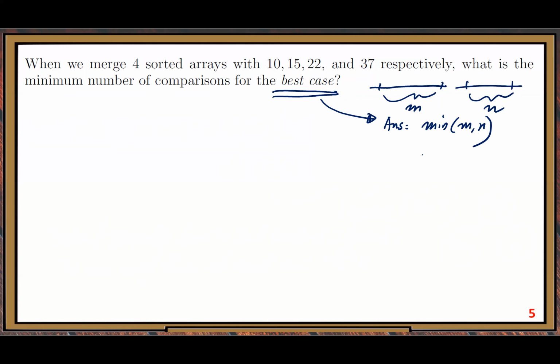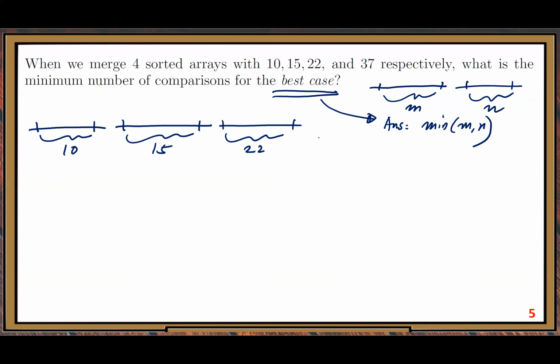Now, we have four ordered arrays. One with 10 elements. The second one with 15 elements. The third one with 22 elements.